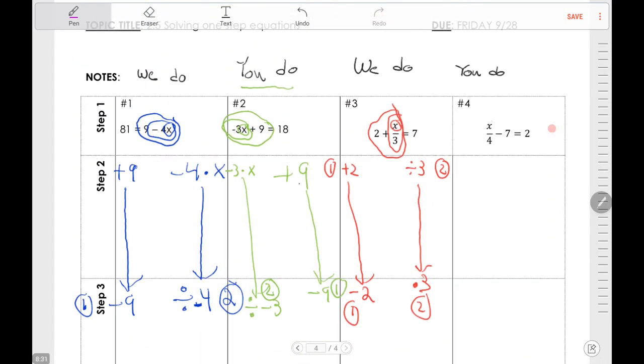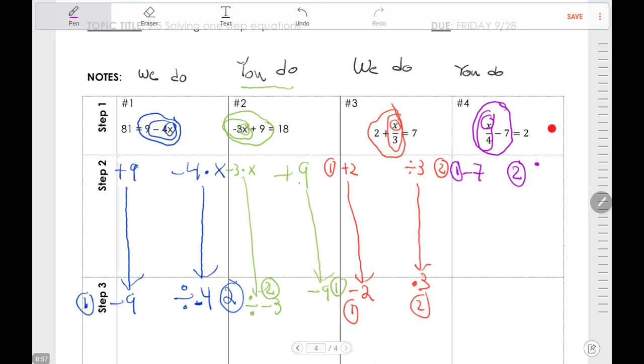So, we got our variable as an x. We're dividing it by 4. We're subtracting 7. So let's go. Number 1. What's on the outside layer? It's the minus 7. Right? What's on the inside layer? It is dividing by 4.